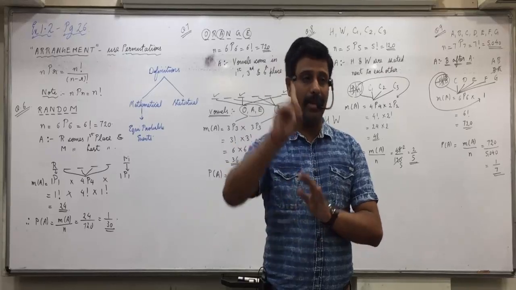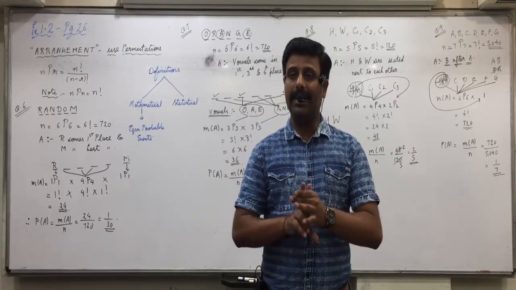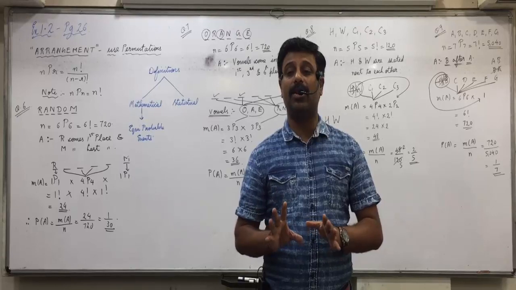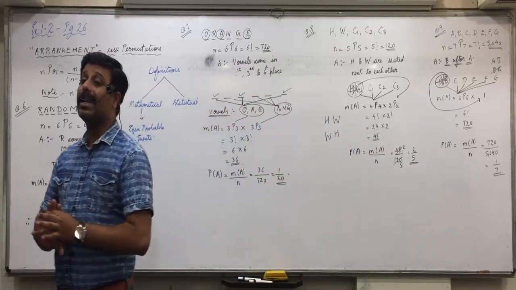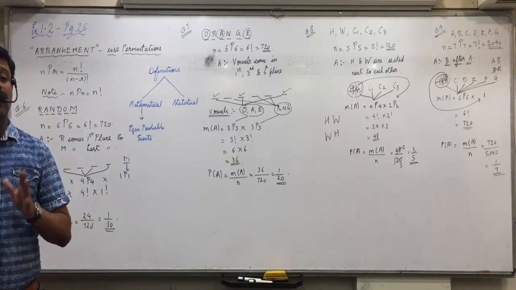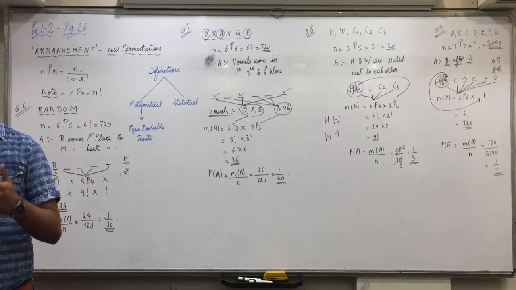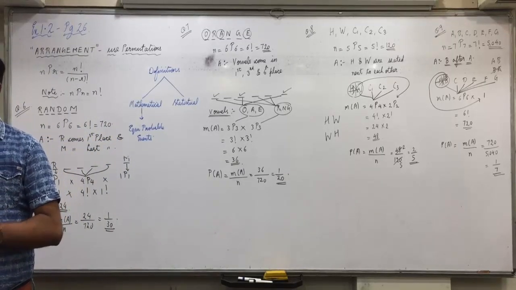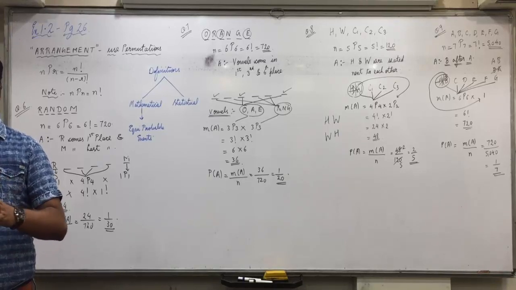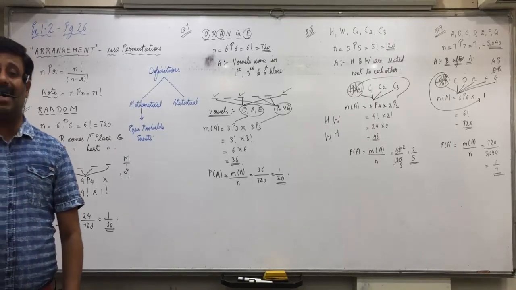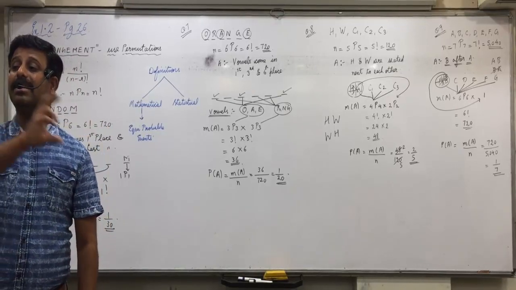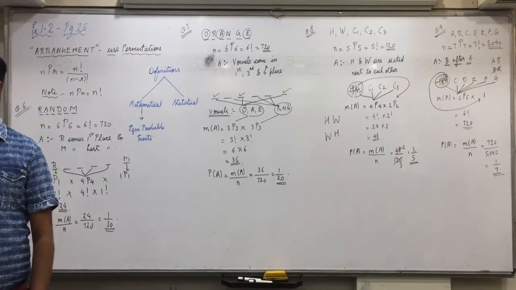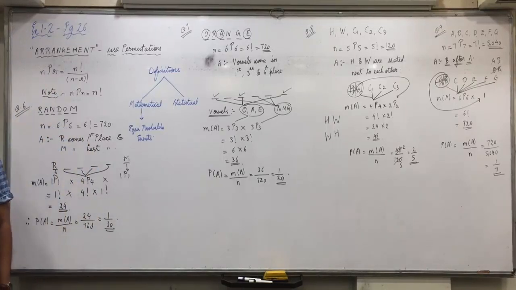First, they have only one element. Second, they are mutually exclusive. What is the intersection of A, B, C, D, E, F? Null set. Third, they are exhaustive. What is the union of A, B, C, D, E, F? Sample space. So when you form the events of all the single elements of the sample space, or all the single subsets of the sample space, then those events are called elementary events.